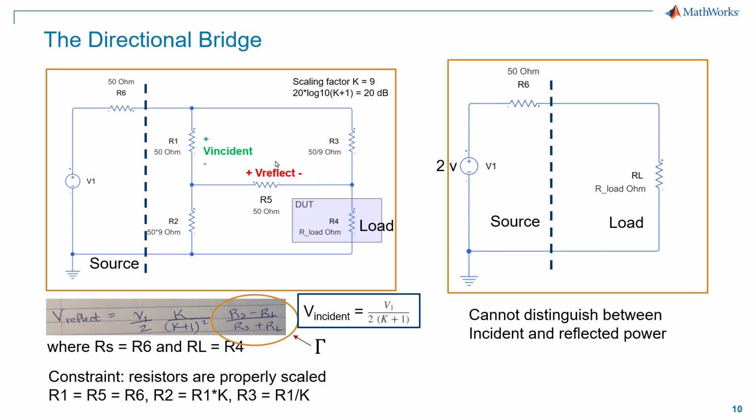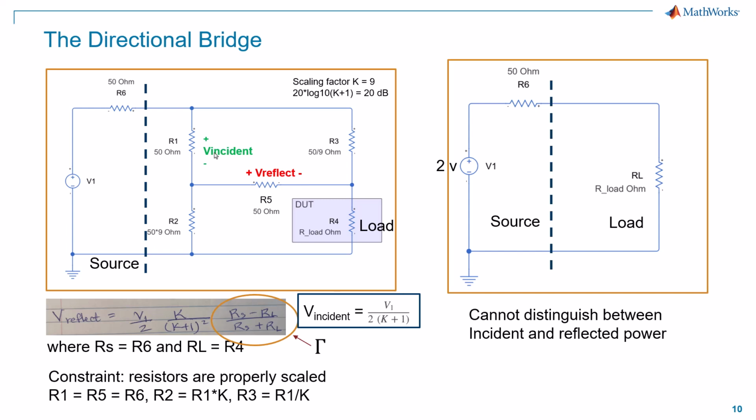So the 10 to 1 sampling bridge is called that because we get 1/10 of the voltage dropping across what I'll call our sampling resistor, where we measure the incident power. It's important to make the distinction that we're not directly measuring the incident voltage here at V incident. It's a scaled version of it by this relationship right here.